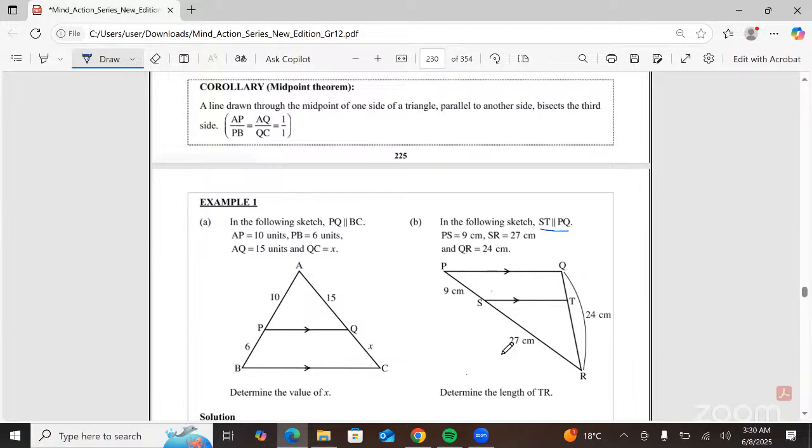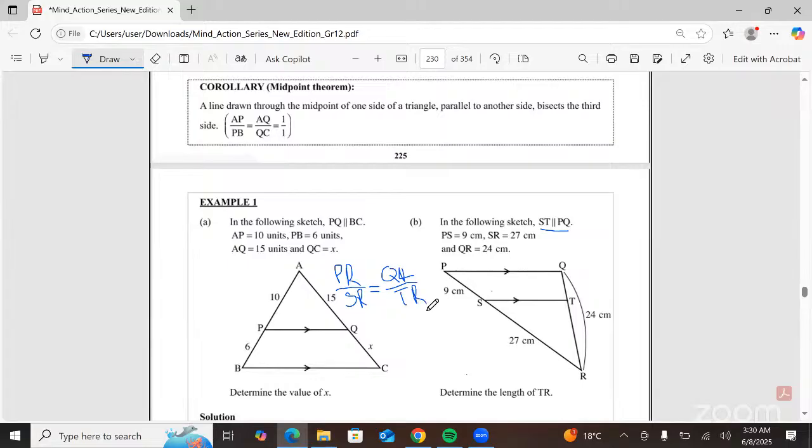You say PR over SR is equal to QR over TR. Yes, sir. Okay.